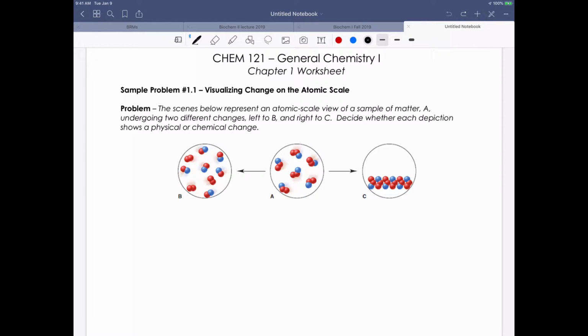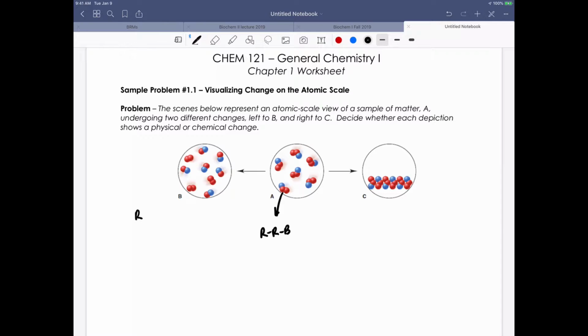So let's take the A to B transition first. If we look at what we see here, we can see that really the molecular scene in A represents all of the same molecules that are two reds and a blue that are strung together. We can see that over on the left in the B molecular scene, we don't have any of those molecules left.